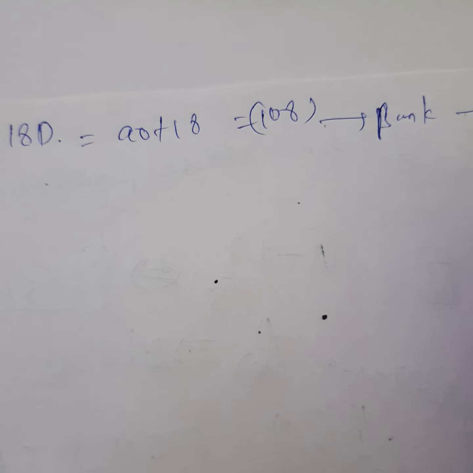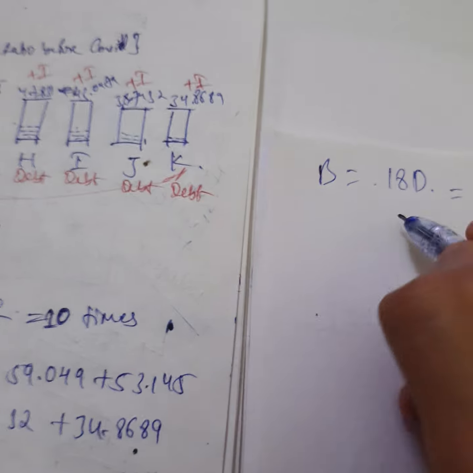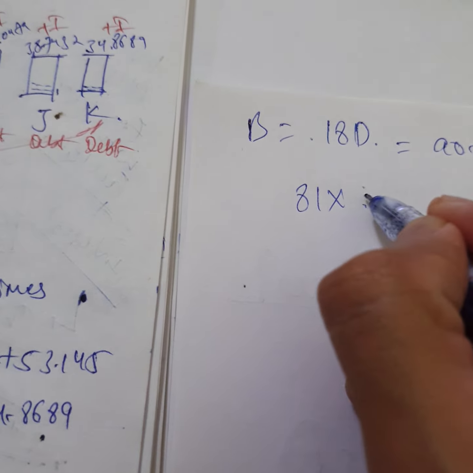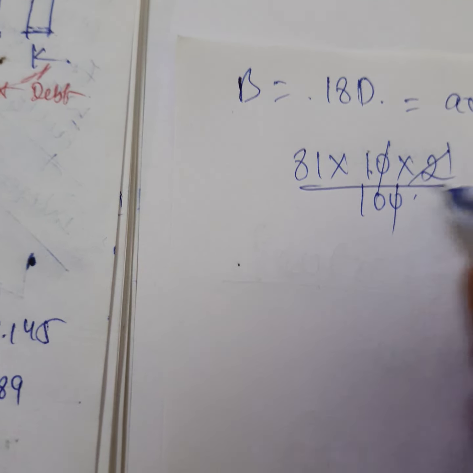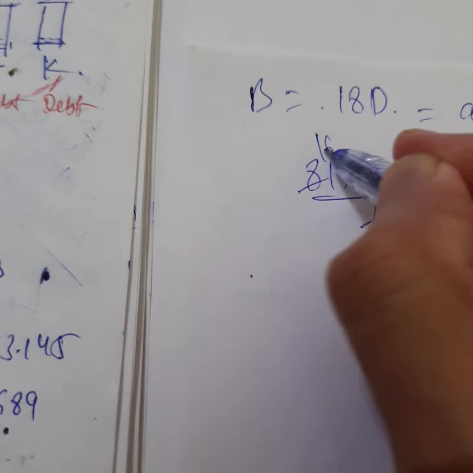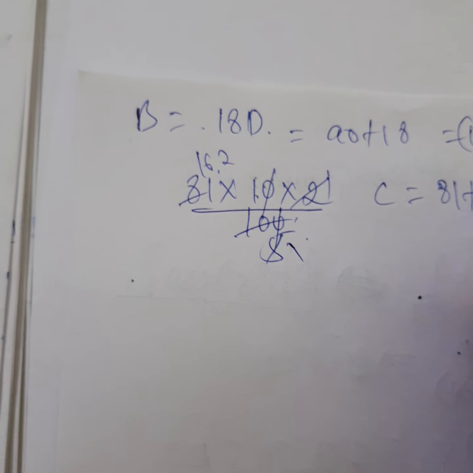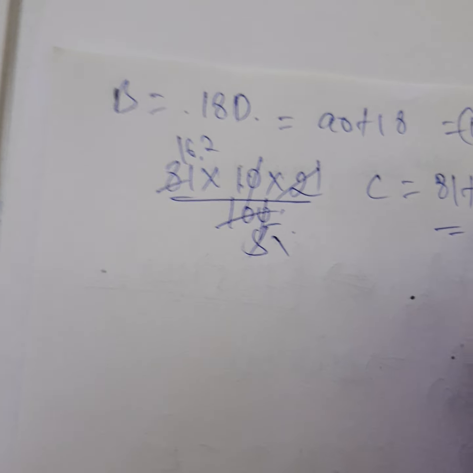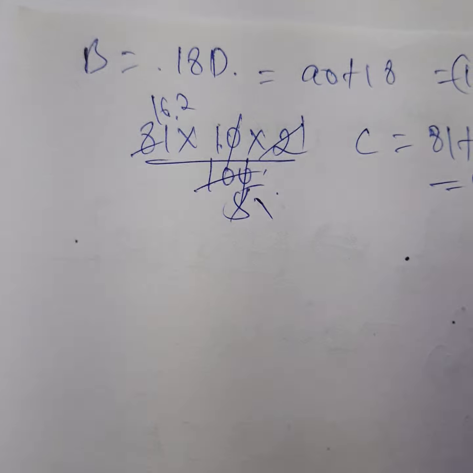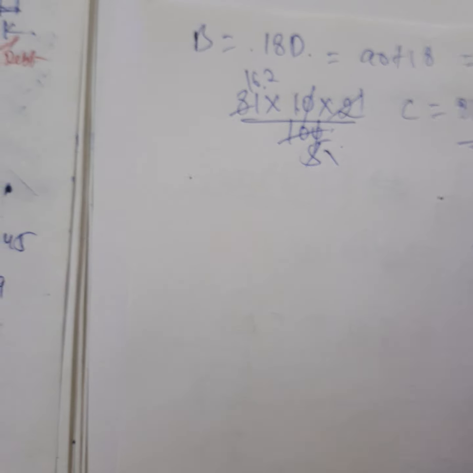Okay, a 2-year loan period. Now 81. 81 into 10 into 2 by 100. 2 ones are 2, 2 fives are 10, 8 ones are 8, 16.2. Means C has to pay 81 plus 16.2, which means $97.2 USD he has to pay to the bank.